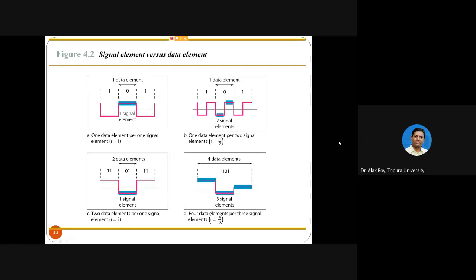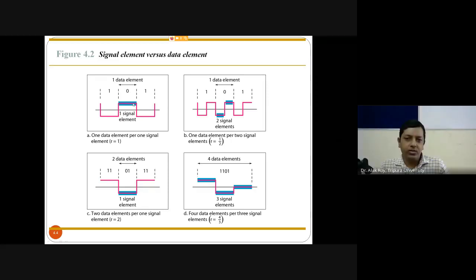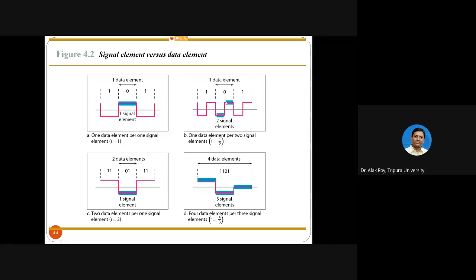See, let's have an overview of signal elements versus data elements. In the first figure, one data element per one signal element is used, means for one bit, one signal element is used. Sometimes you can use a high to low transition at the middle to represent a 0, or you can use a different technique where two signals are used for one data element.